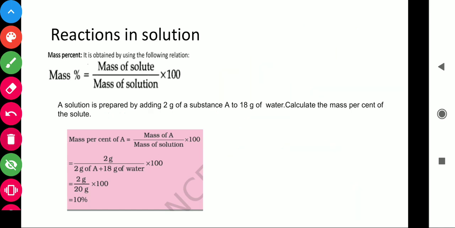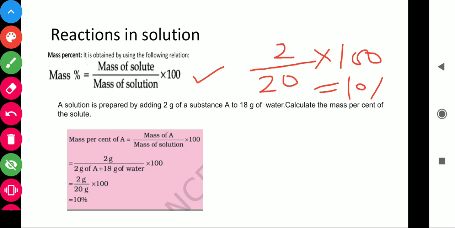If we keep the values in this formula, what is the percentage of solute? Amount of solute, that is 2 gram, upon amount of solution, that is 20, into 100, and the value will be 10%.